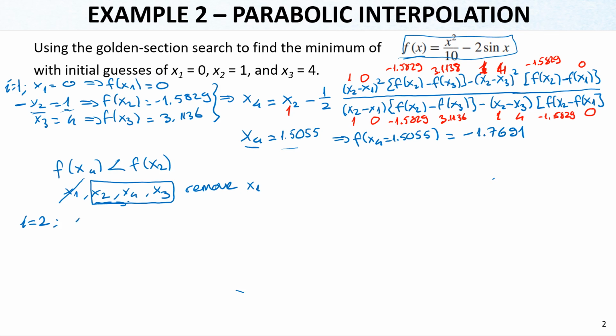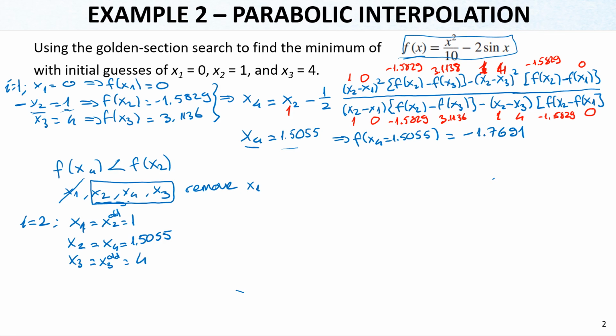In that, x1 becomes x2, which is 1, the old x2, let's say. And x2 becomes x4, which is 1.5055. And x3 becomes the value of 4, which is the old x3, the same actually, 4.